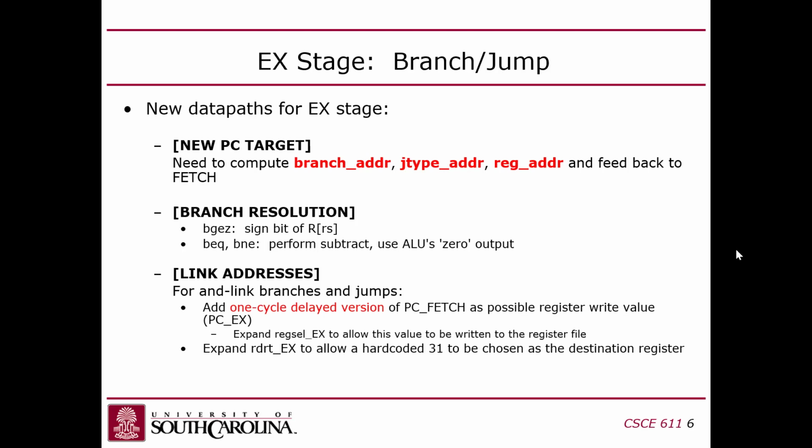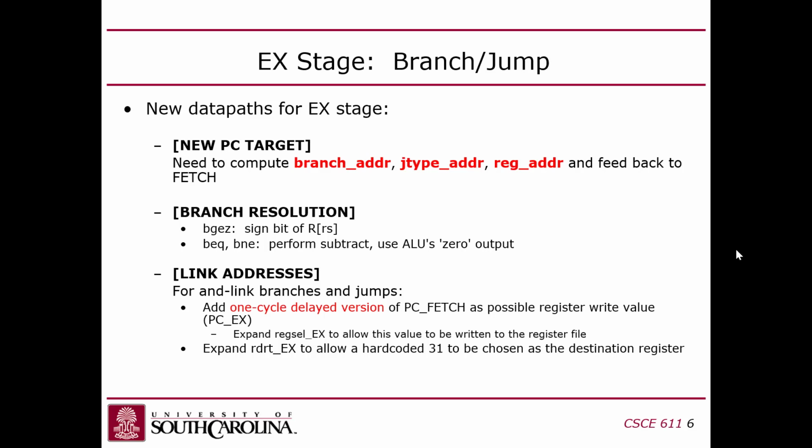So how do we add support for branches and jumps? We just go to the fetch stage and allow the program counter to accept a value other than PC+1. So we want to be able to override the natural incrementing of the program counter. So we want to be able to put in the branch address, which is the calculated branch address, PC plus offset.